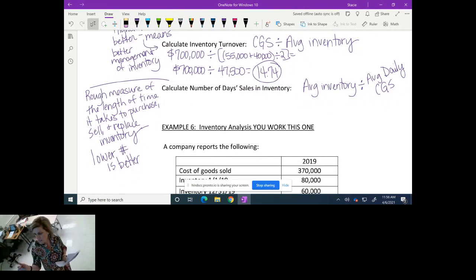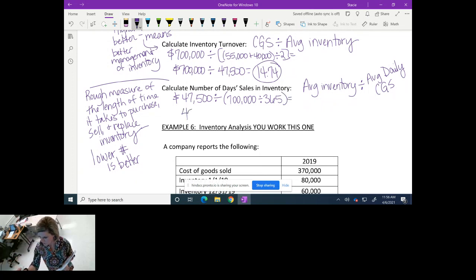For the number of days sales in inventory, you're going to take 47.5 and divide it by your sales number per day.